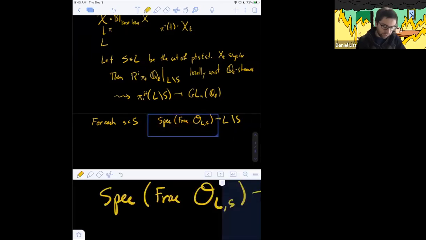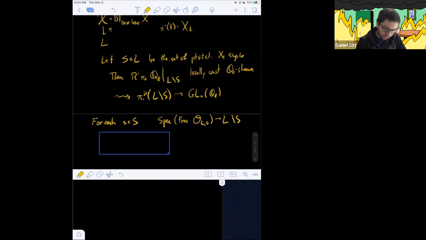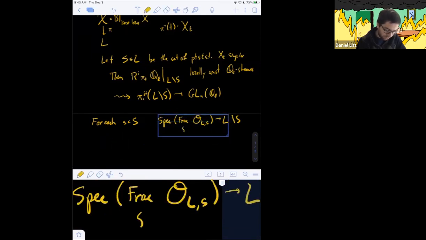So let's base change to k bar. Then we get a map.